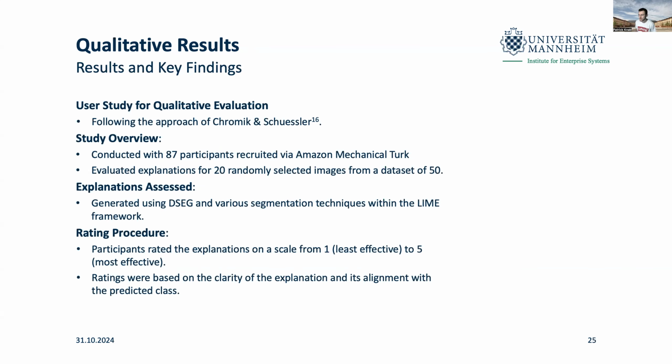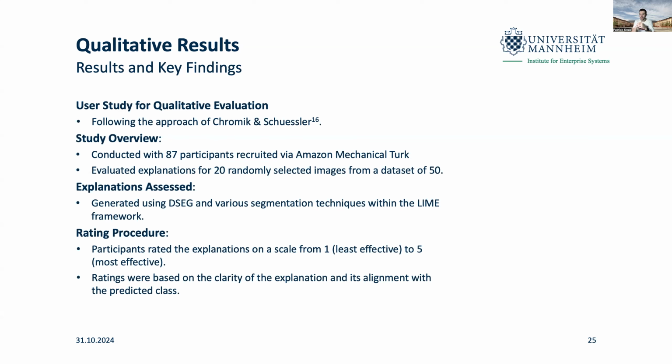For qualitative results, we did a user study where we followed the approach of Kromik and Schassler. We conducted experiments with 87 participants that we recruited over Amazon Mechanical Turk. They were asked to evaluate the explanations for 20 randomly selected images from our dataset of 50 images. We gave them for each image 5 different explanations: the DSEG-LIME explanation, then SLIC, quickshift, watershed, and Felzenszwalb, all within the basic LIME framework.